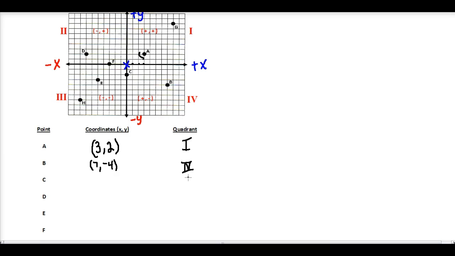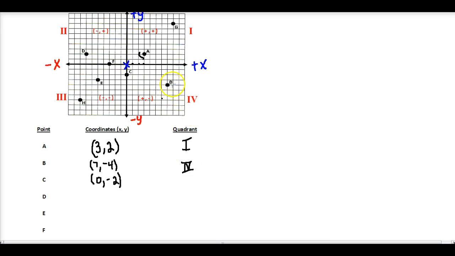Moving on to C, we see that C is right here, just a couple of units below the origin. Now, from our origin right here, we notice that we do not move to the right or to the left any units. So what that tells us is we went 0 units in the X direction. And to get to C, in the Y direction, we go down 2 units. So that will be -2 for Y. Now, when we ask what quadrant this point is in, the answer is none.